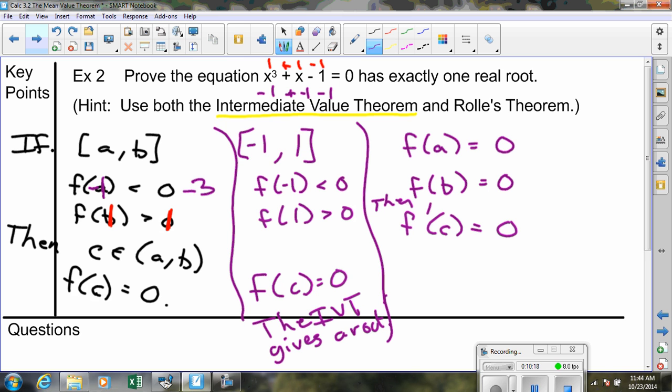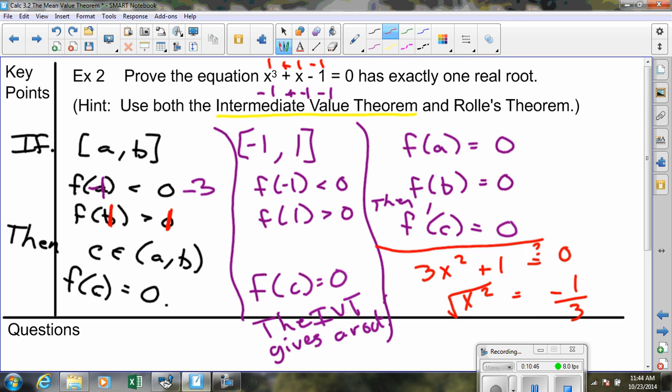Okay, does that make sense? But let's actually look at the derivative. If we take the derivative of this piece, we would have 3x squared plus 1. Can the derivative equal 0? If we tried solving this, we would have x squared equals negative 1/3.